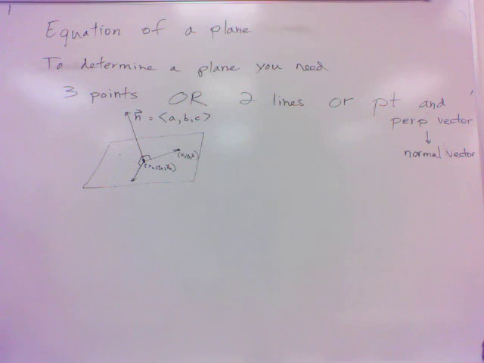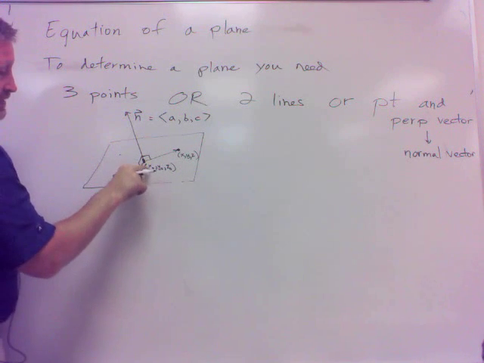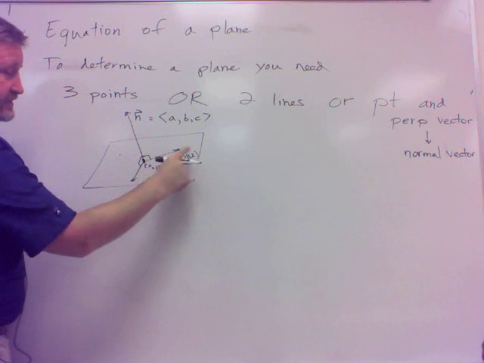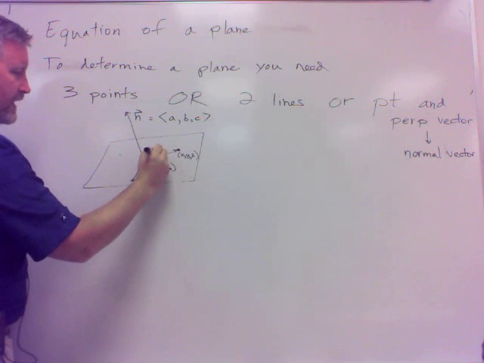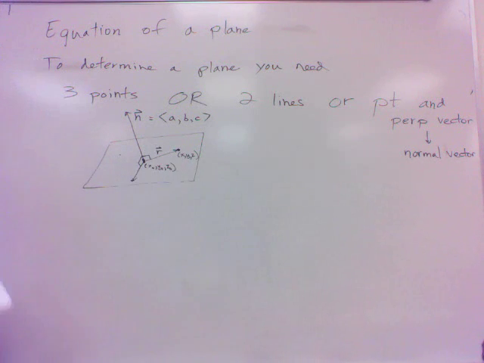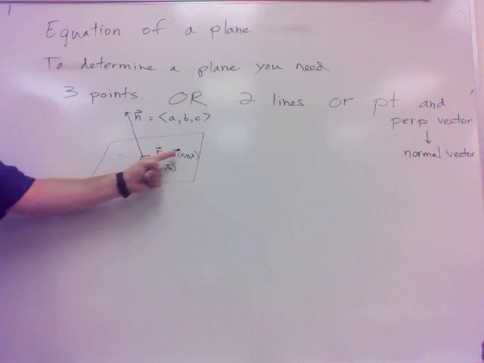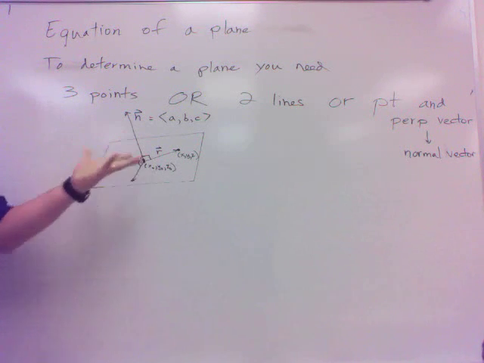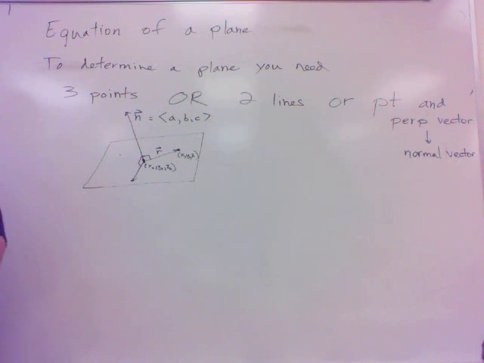What I'm going to do then is make that vector from x0, y0, z0 to this x, y, z, and we're going to call that, I believe they call that r. Now what do we know about this vector, and how are these vectors related? It's perpendicular, orthogonal. And what do we know about orthogonal vectors? Dot product is 0.